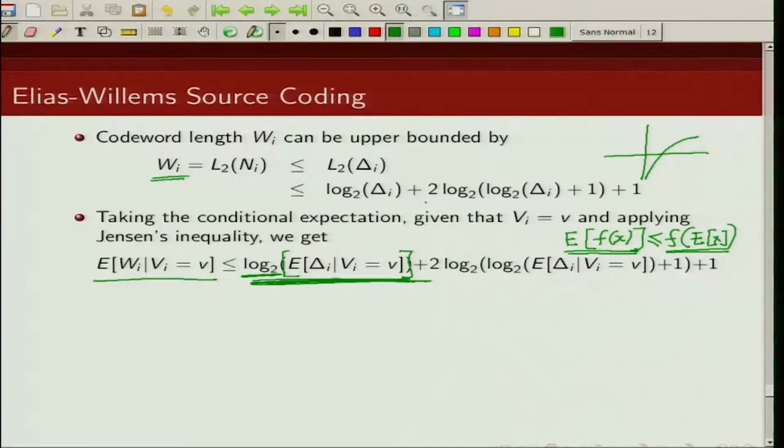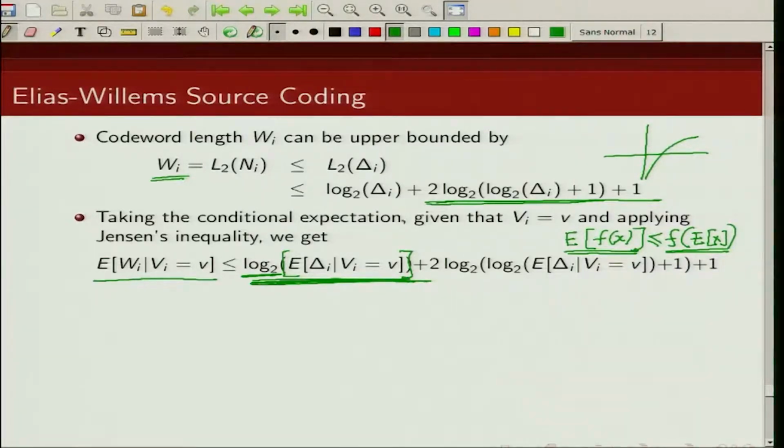The same thing we'll do here for this particular term. We first take conditional expectation of this given Vi is V, and since log is a concave function, the expected value of the function is less than or equal to function evaluated at expected value.